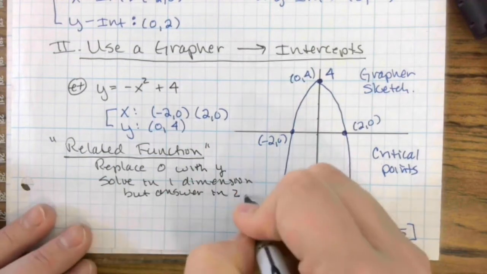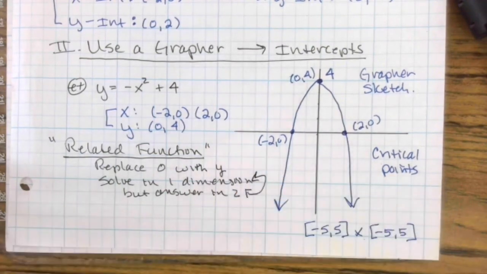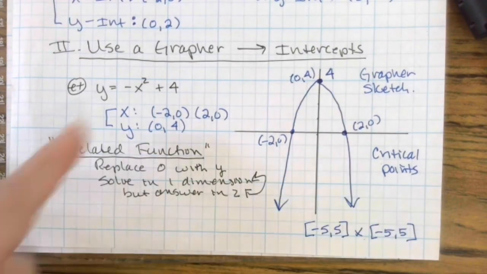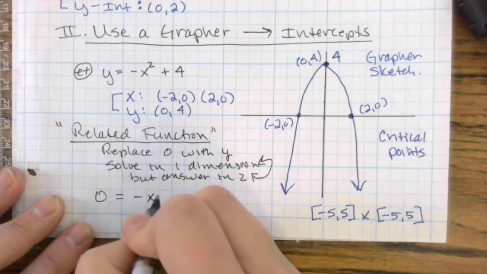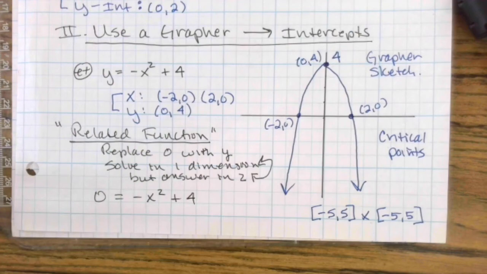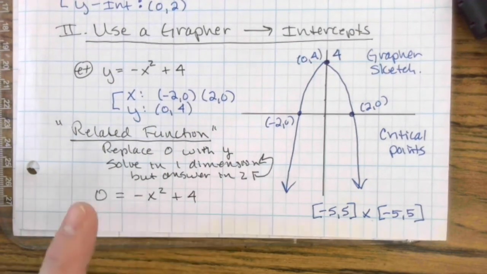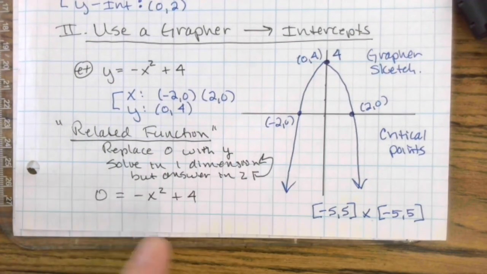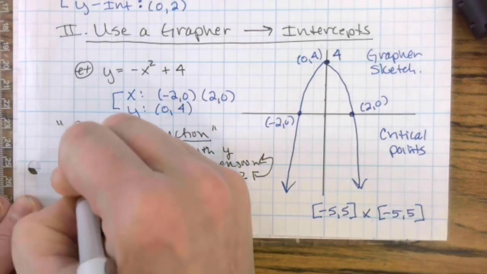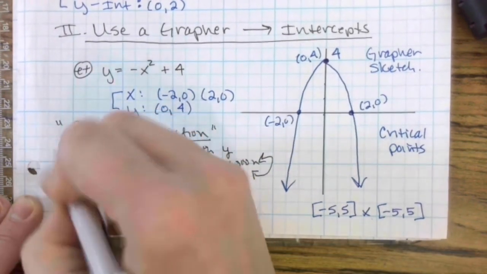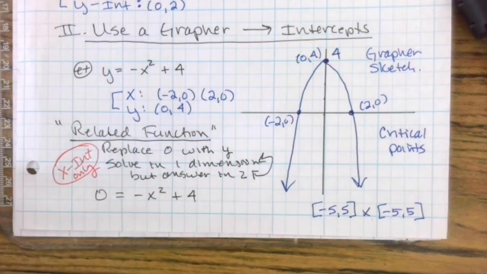Or vice versa. Solve in 2, go to 1. Solve in 1, go to 2. So the related function to this would be 0 equals -x squared plus 4. So if I solve the related function, I'm only going to get x-intercepts. That's all I can get. X-intercepts only. You can't get y out of a related function.